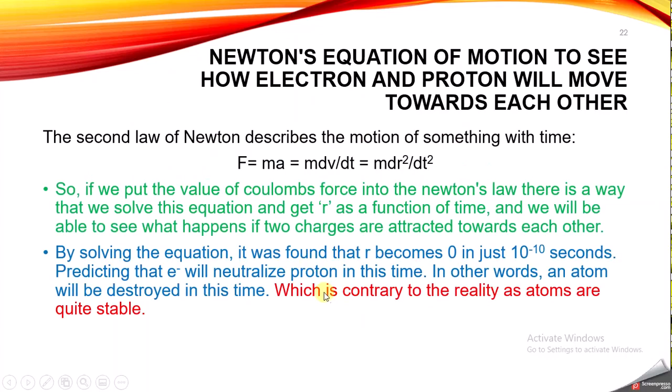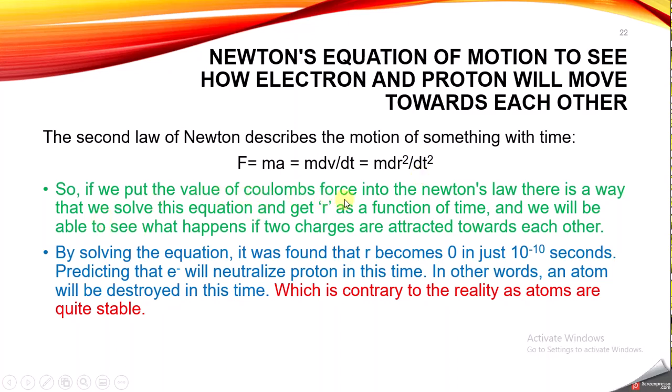This can be done by using Newton's law, which is another classical equation, F is equal to ma. Here acceleration can be written as the change of velocity per unit time, and the velocity is the change in distance per unit time. So we get the equation m d squared r divided by dt squared.